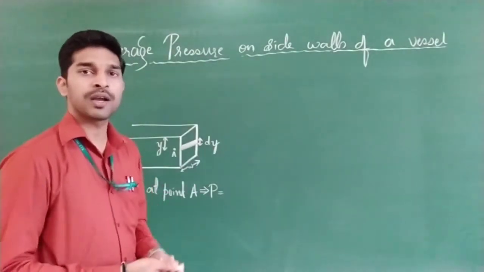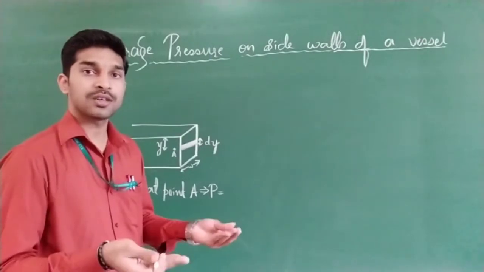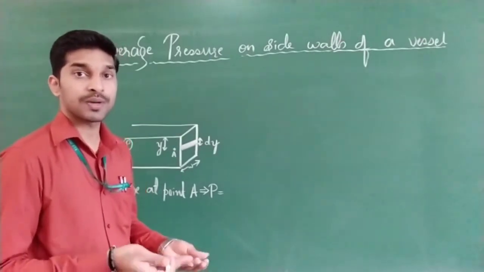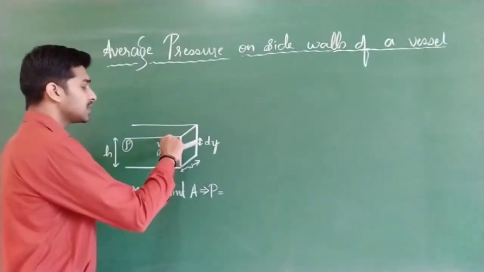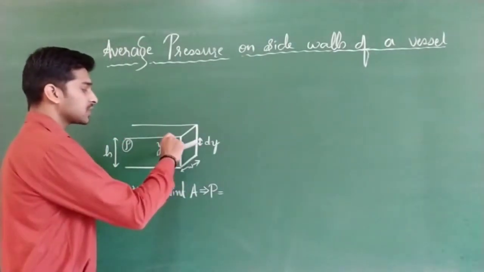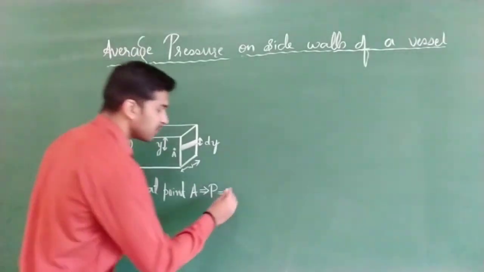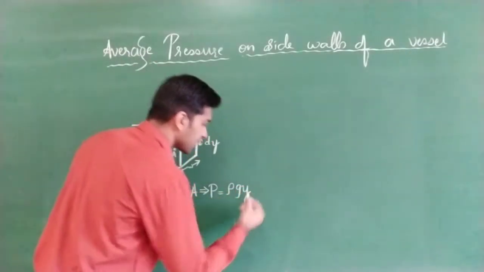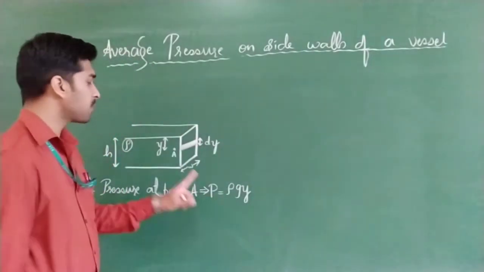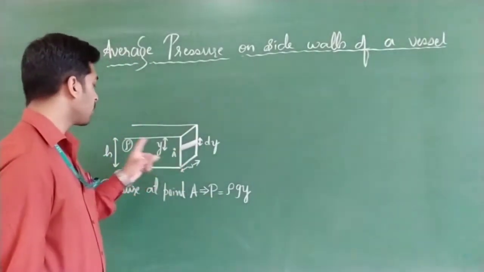When you go deeper and deeper inside a vessel, the pressure starts increasing; pressure increases if h increases. Here h is y. So what is the pressure now? Rho g y. So the pressure at point A is rho g y.